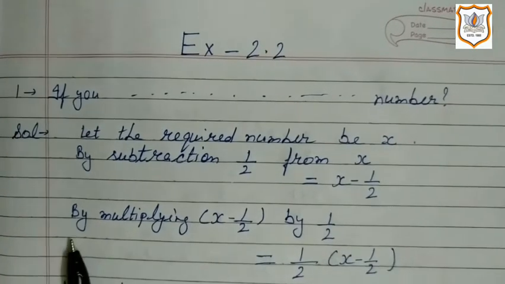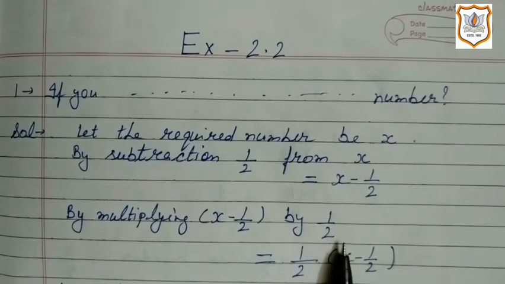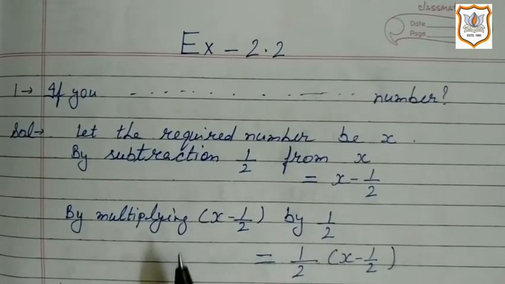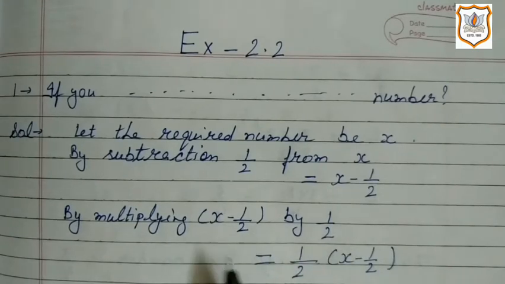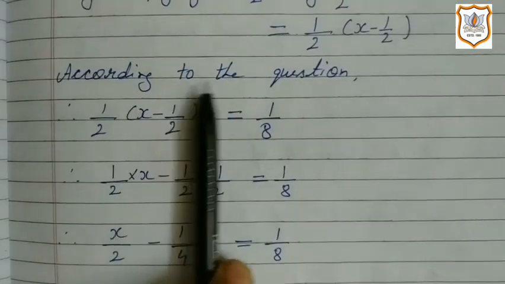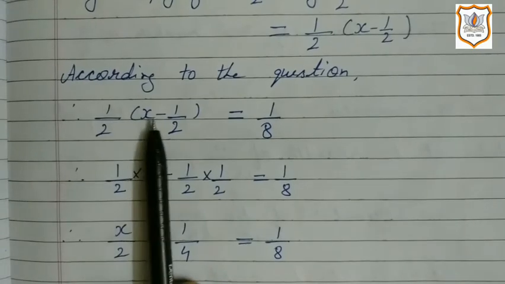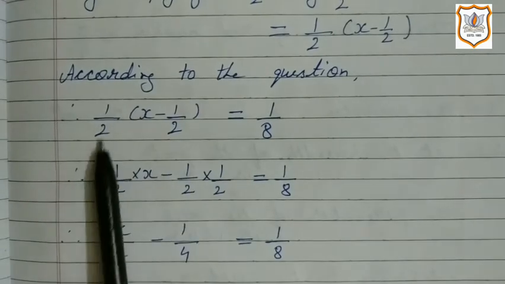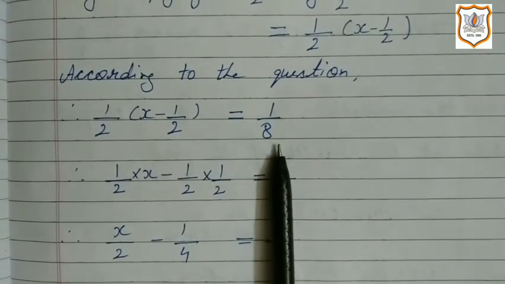Then by multiplying x minus 1/2 by 1/2, we get 1/2 x minus 1/2 times 1/2. So, according to the question, we multiply 1/2 by x minus 1/2, and we get 1/8.